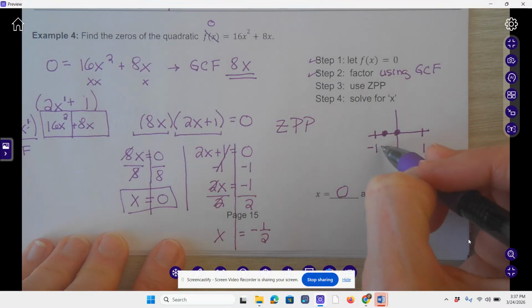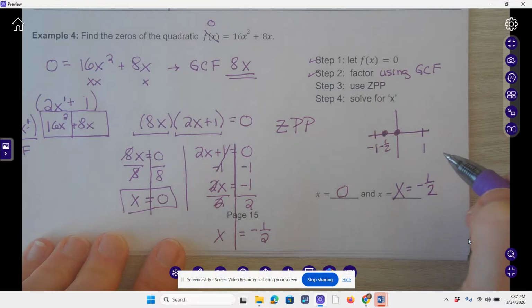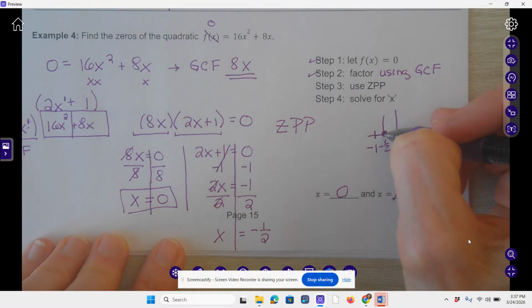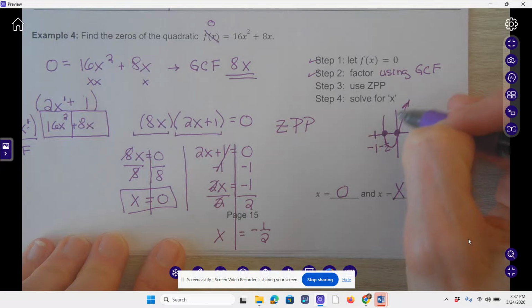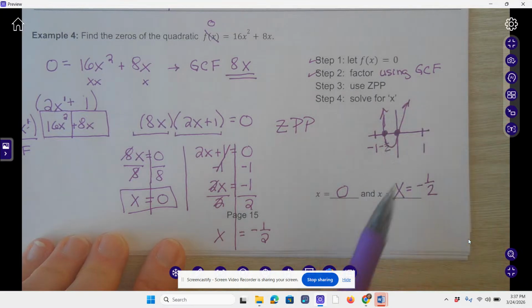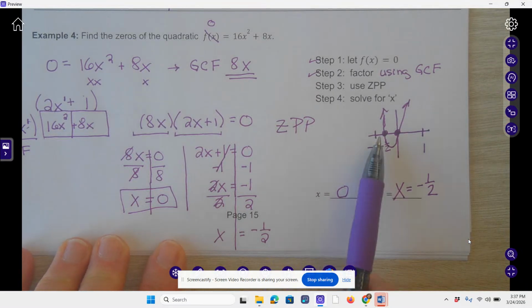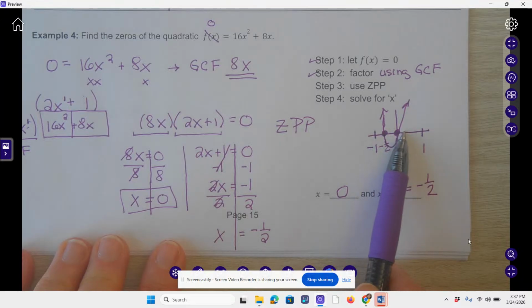So my other solution will be right there. And this is going to be a really skinny parabola. But that is what it would look like. So just keep in mind, you're finding these 2 points on the graph. This turning point is the vertex. We're actually going to learn how to find that next week.